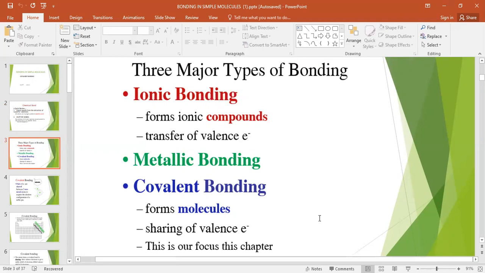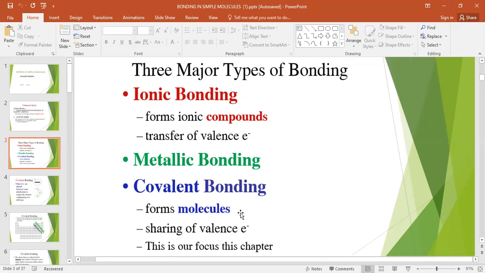Come on, let's focus on covalent bonding actually. What is the covalent bonding here? It forms a molecule. First thing, we cannot call them compounds. Whenever you use the word compound, it means which type of bonding? Ionic bond. Whenever you use the word molecules, molecules always come as a result of sharing of electrons.